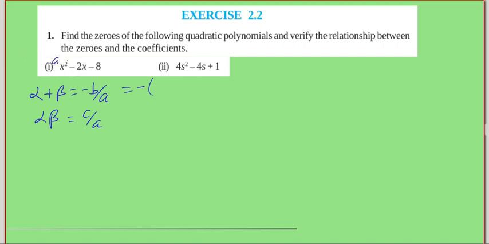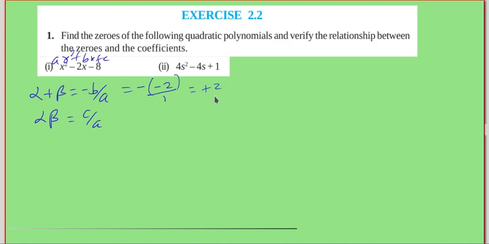This is nothing but ax square plus bx plus c. So in place of b we have minus 2. B equals minus 2. In place of b we put minus 2 divided by a, which is 1. Okay, so minus of minus becomes plus. So plus 2. Alpha plus beta is 2.